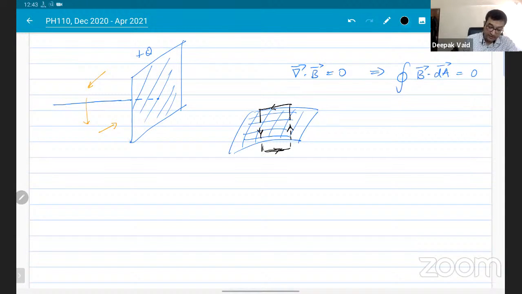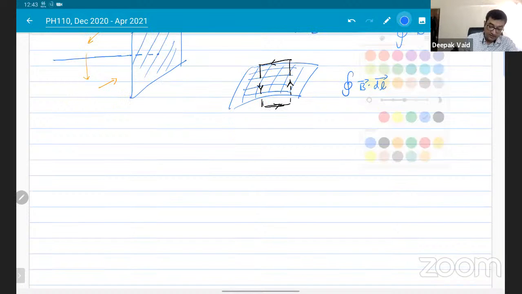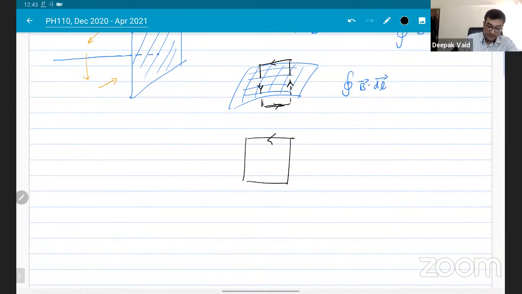So I calculate the integral of B dot dl. You have to imagine that this loop is like this. I have a closed loop like this, and this is my surface. If I look at it edge on, this is the surface. So the loop goes through the surface and on the other side, like this.